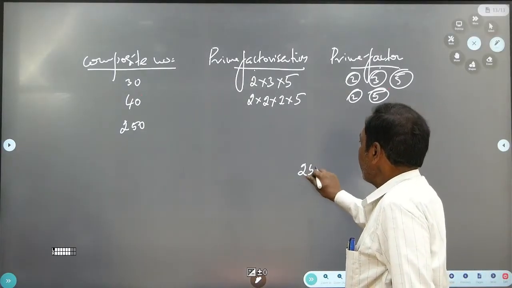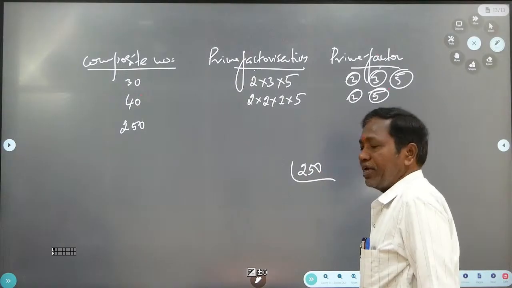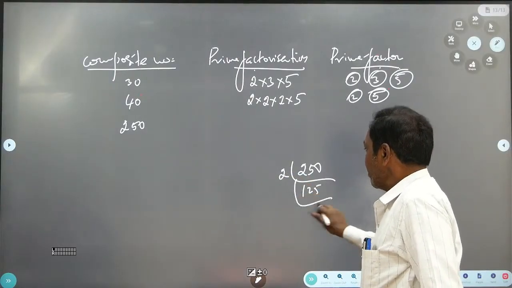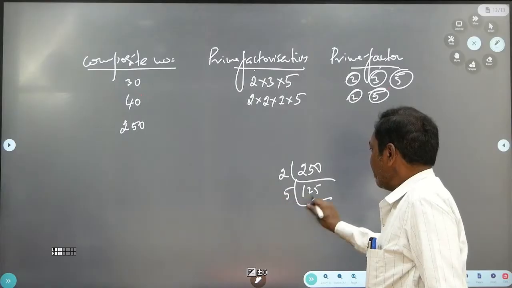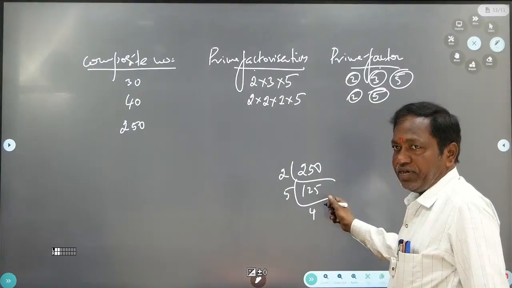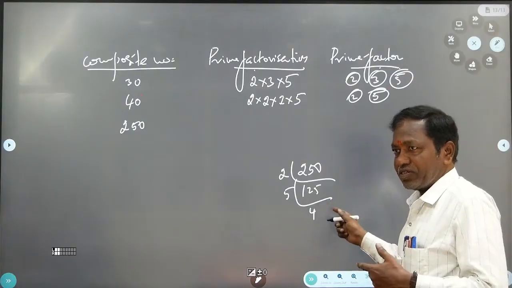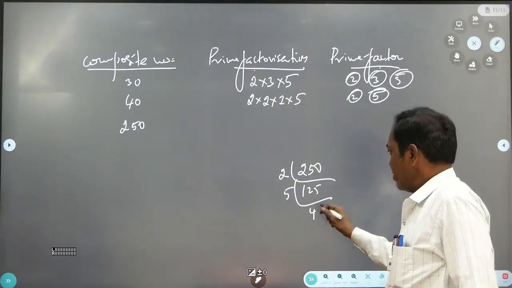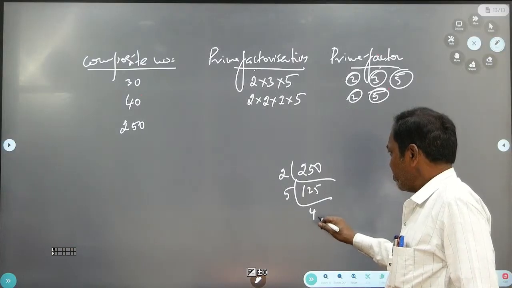What is the process of finding the LCM? 2, 125. 125 is a multiple of 5. When the last digit is 5, it is a multiple of 5. 5 is also a prime number. So, 5.